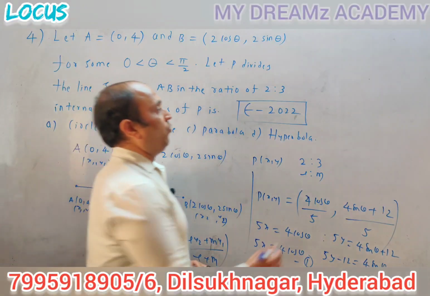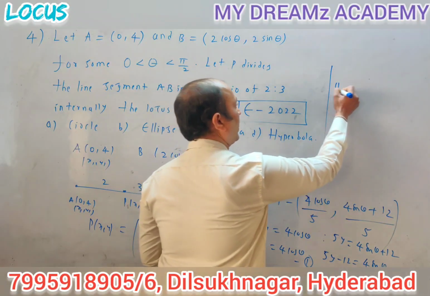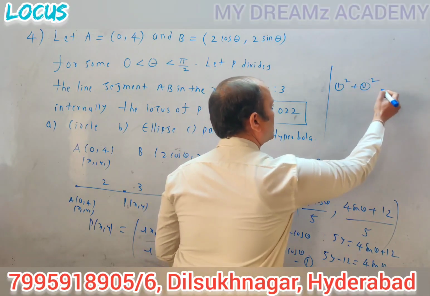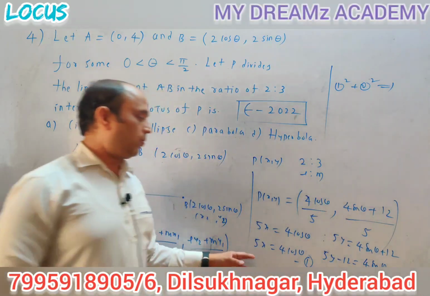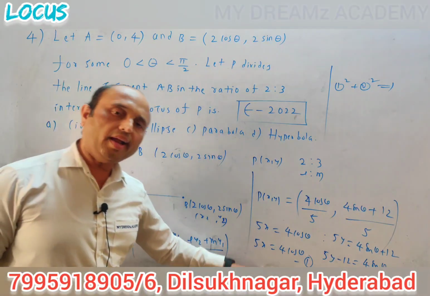So eliminate the theta from these two equations, and we will get one standard equation. For that purpose, just square and add: equation 1 square plus equation 2 square.